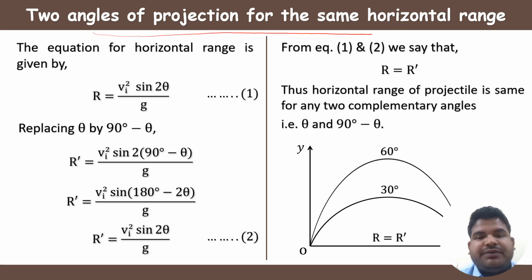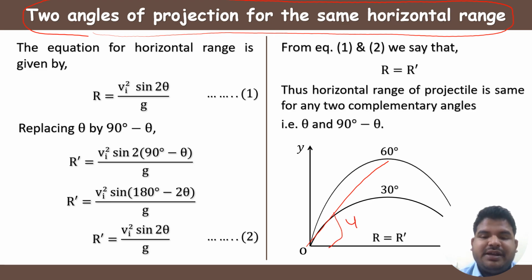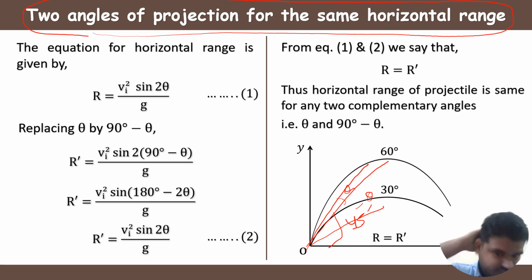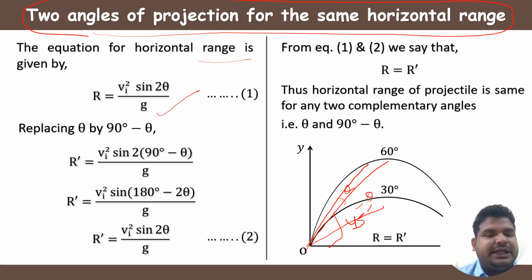Two angles of projection for the same horizontal range. Okay. Suppose this is 45. Earlier I said this is 45 at maximum. Then plus theta and minus theta have the same range. Okay. How? Let us see. The equation of range is given by r is equal to v square sin 2 theta upon g.